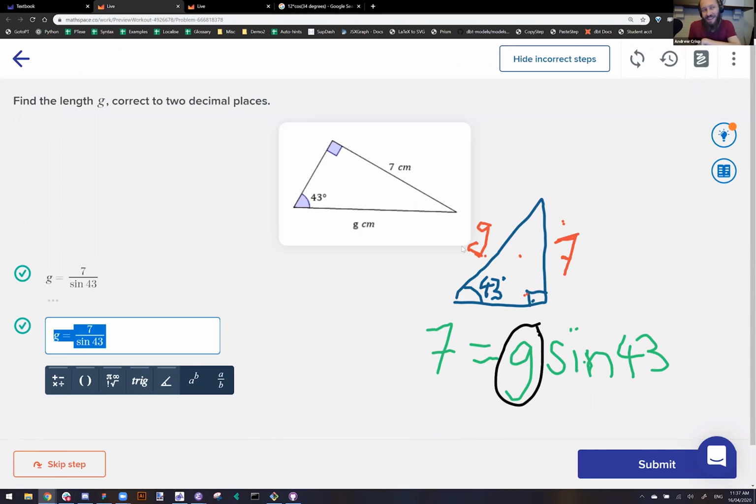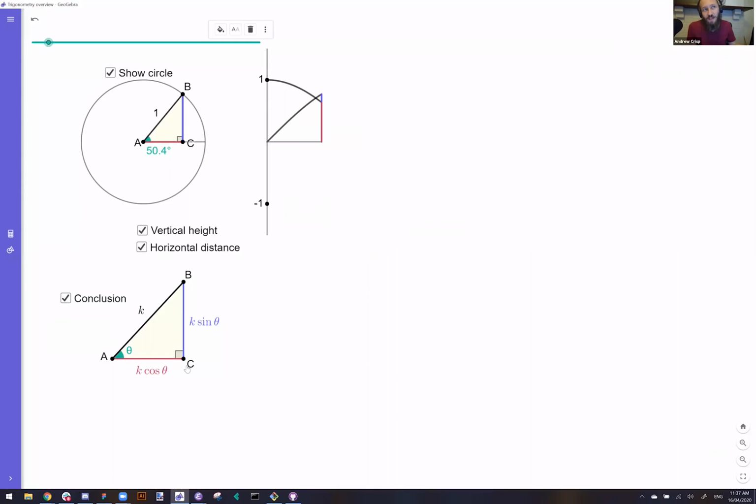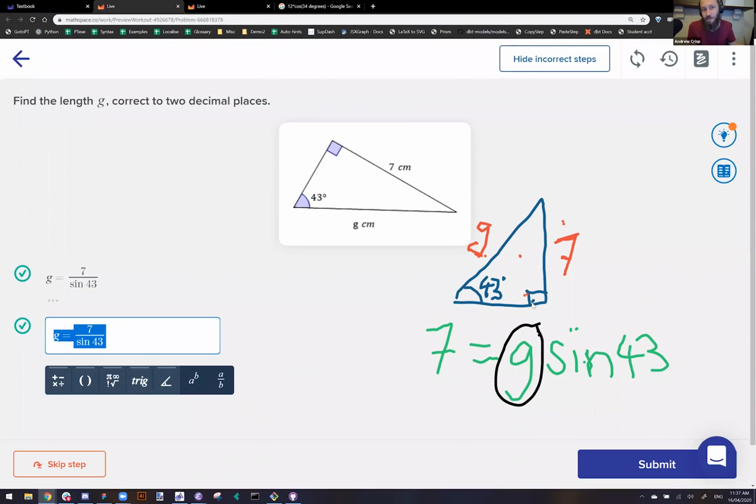The letter is the hypotenuse, and the number that I know is 7. So writing it out, 7 is the length of the hypotenuse times sine 43. That's just applying exactly the picture that I had over here. 7 is K sine theta. That's just matching it up.